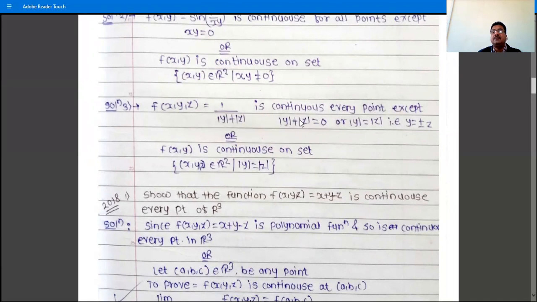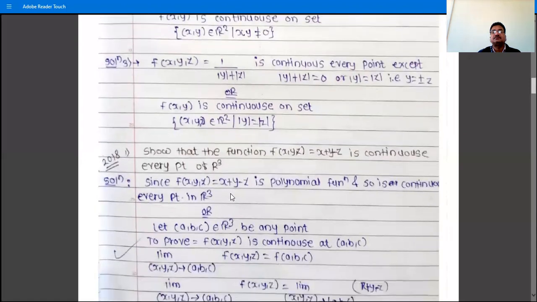Except where mod y plus mod z is equal to 0, which means mod y is equal to minus mod z, and that is y is plus or minus z, because mod y is plus or minus y. So the function is continuous on the set except where mod y is equal to minus mod z, that is, mod y plus mod z equal to 0.